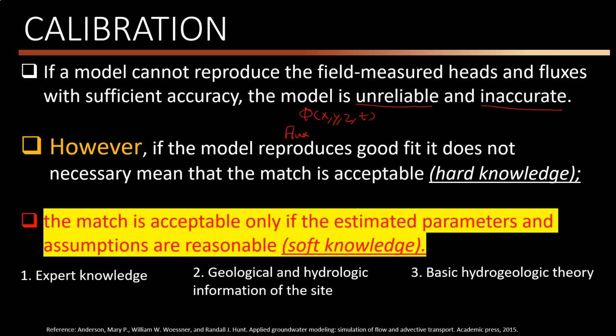However, if you have a model and suppose that this is the fluctuation information, and your model has created very good results like this, it does not necessarily mean that it is right, or that it is a reliable and accurate model.